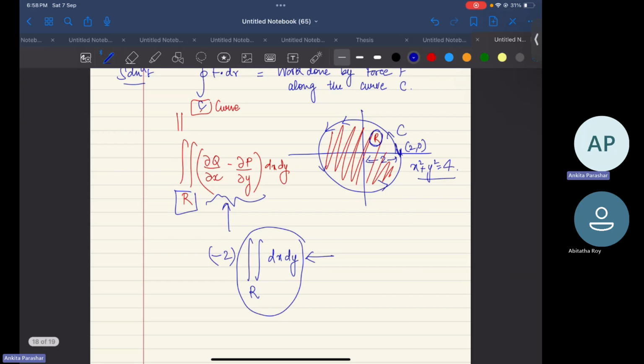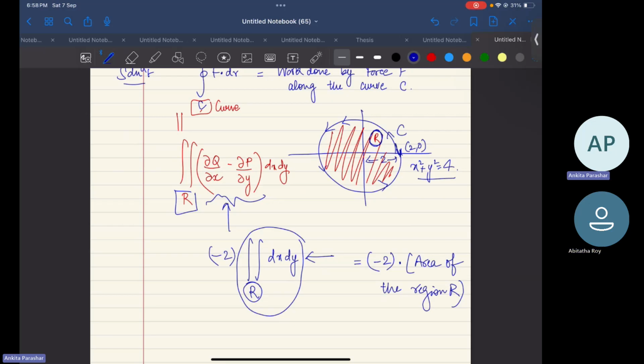R is this region. What is the meaning of the double integral over R? The area of the region R, right?